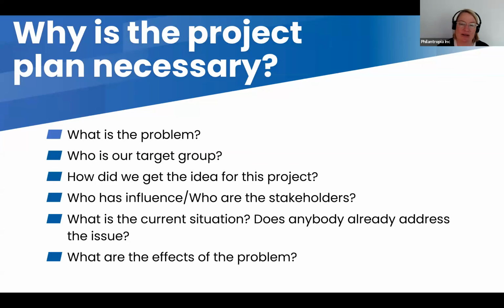So you really try to understand who are stakeholders in the community, who are people that have a role to play. And then what is the current situation and does anybody already address the issue? And if so, how and why is your approach going to be a bit different maybe? Or that's not the section where you write that, but you already have to think about that.